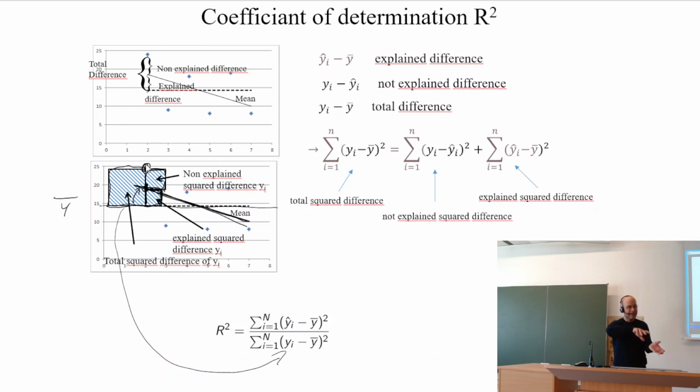And therefore, through this movement, we can interpret this as, now, since we moved this line, we explain a little bit where our data points are lying.